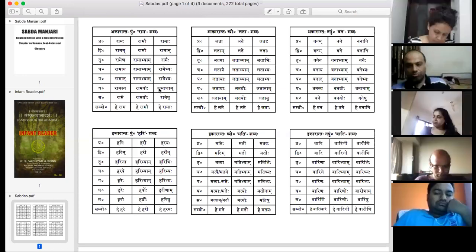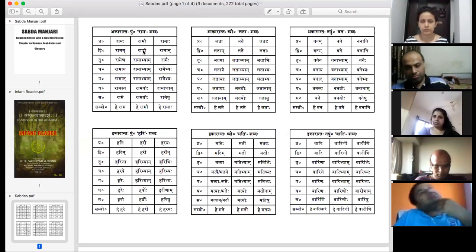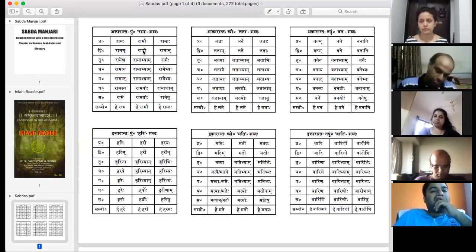So what I am saying is, this Rama or Hari or these Shabdas, they represent most of the words in the Sanskrit language. How do they represent most of the words in the Sanskrit language? Rama is a prototype for all other words that end in a, that are masculine and that end in a.